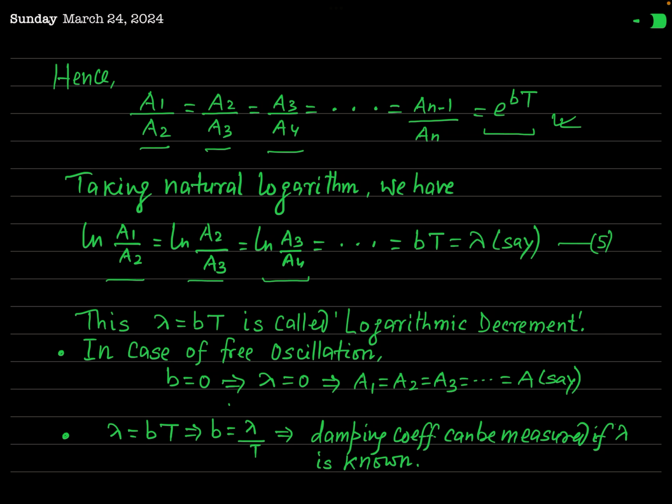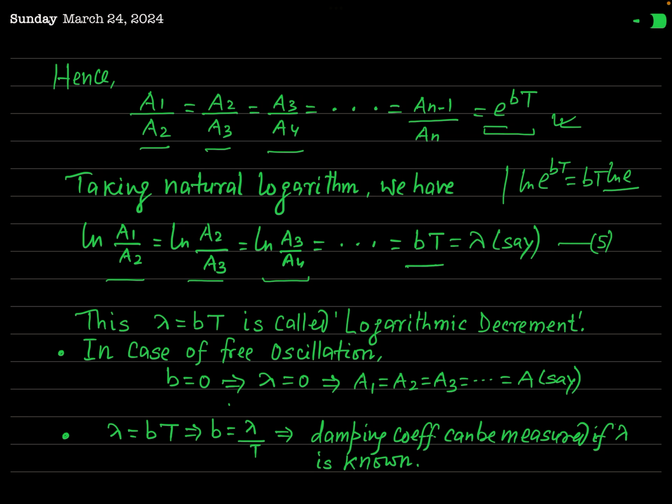And you know, when you take the log of e to the power BT, this will be log e to the power BT, and this can be written as BT log e, but log e is equal to 1, so this will simply be equal to BT.